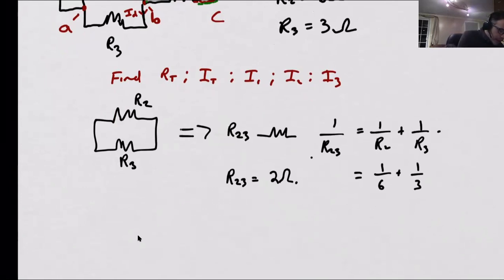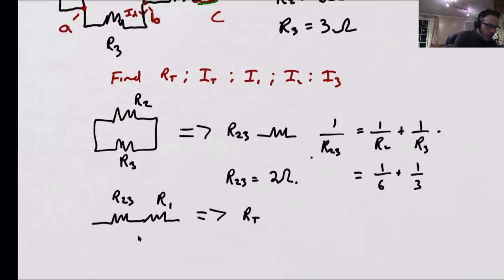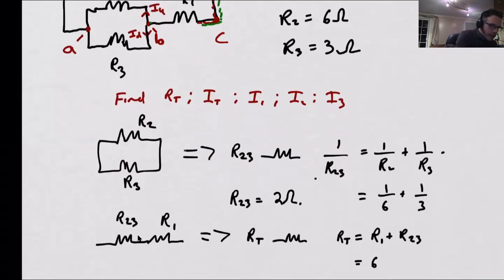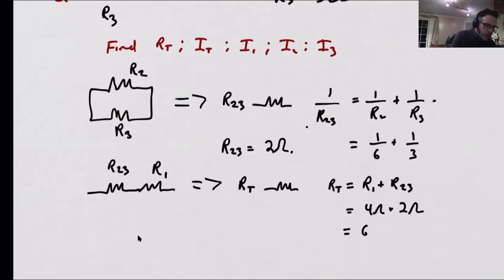So we have now reduced the network of resistors to this, which we know we can replace by a single resistance that I'll call R total because it has satiated the rest, which is R total is R1 plus R23, which is going to be, oh, R1 is 4, I apologize. 4 ohms plus 2 ohms, namely a net total of 6 ohms.